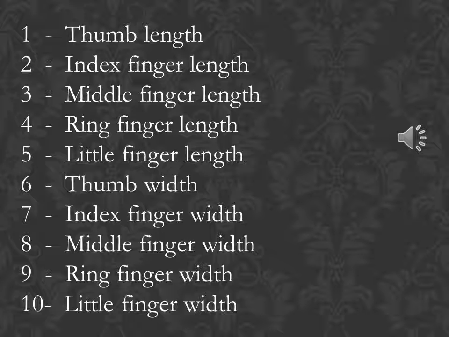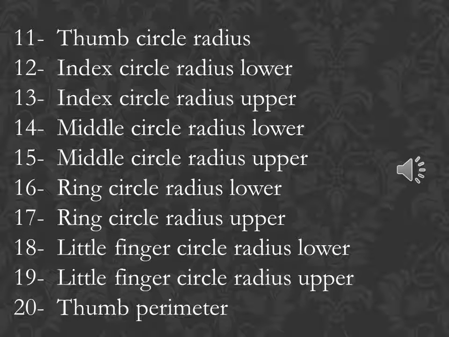Middle finger length, 4. Ring finger length, 5. Little finger length, 6. Thumb width, 7. Index finger width, 8. Middle finger width, 9. Ring finger width, 10. Little finger width, 11. Thumb circle radius, 12. Index circle radius lower, 13.